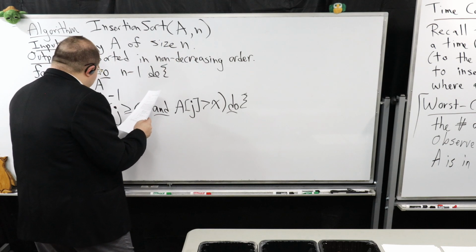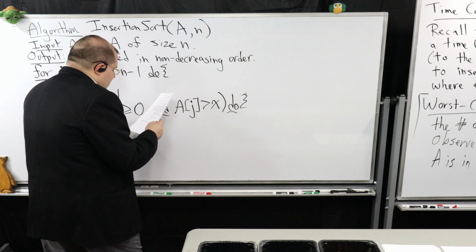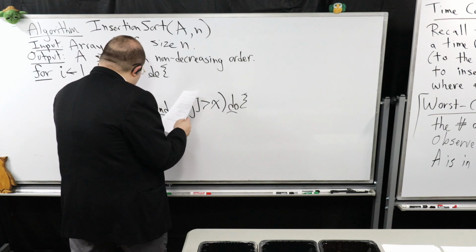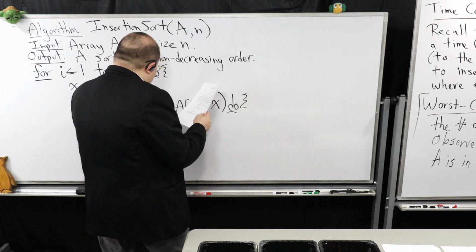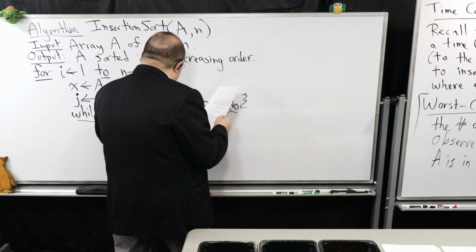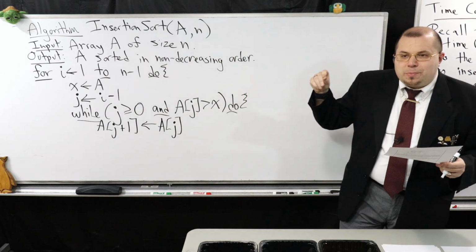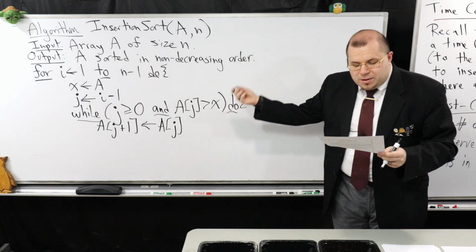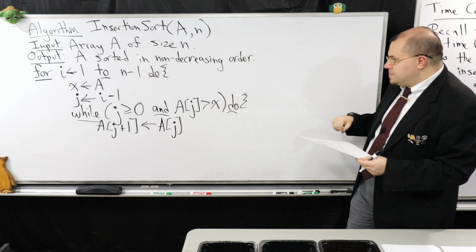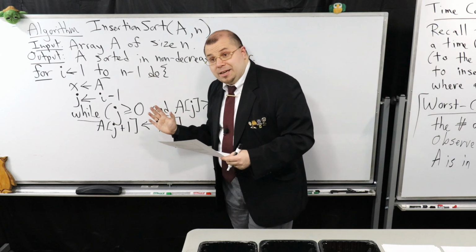So what I'm going to do is have A sub j plus 1 assigned A sub j. So I'm going to shuffle over a spot to make room for what I'm going to put into the spot that would be originally there.